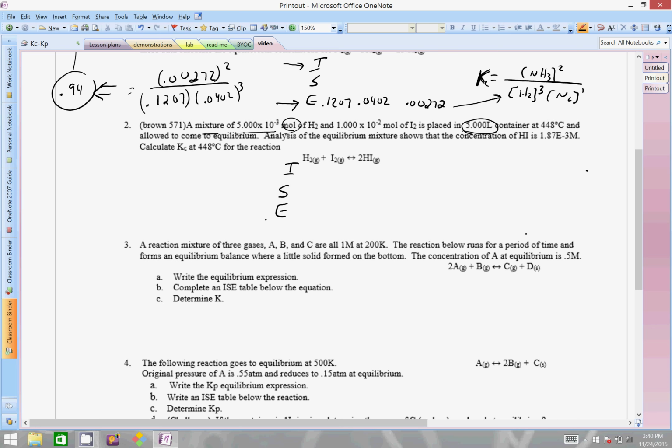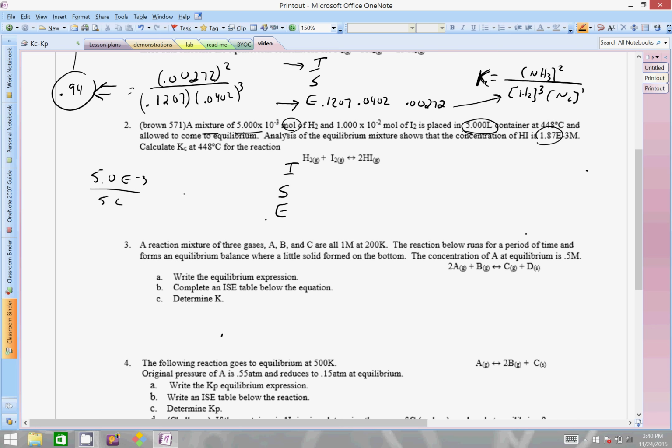Now this is 5.0 e to the negative third moles of H2 in a 5-liter container. Now they're holding 4 sig figs here, so be aware of that. Divided by 5 liters, and of course this problem is holding 4 sig figs throughout for every value, although right here we're dropping to 3. So in the end I would want to hold 3.